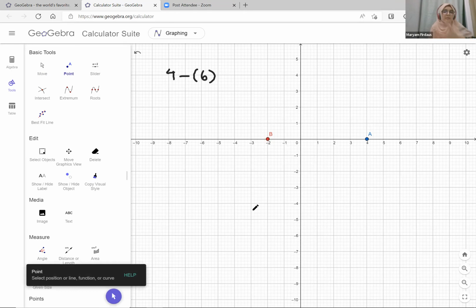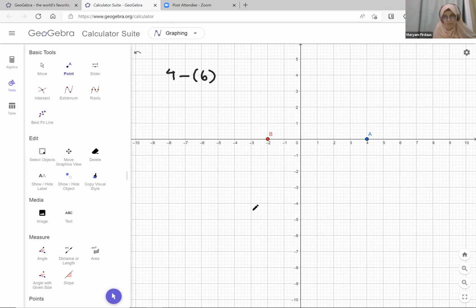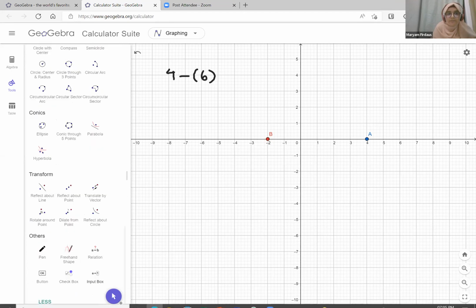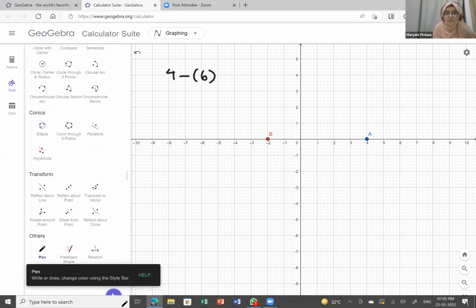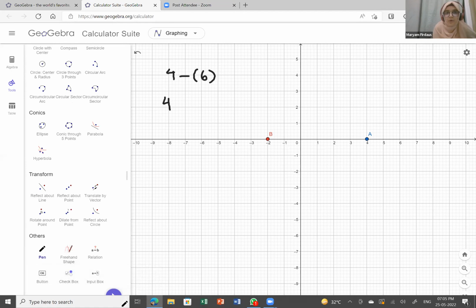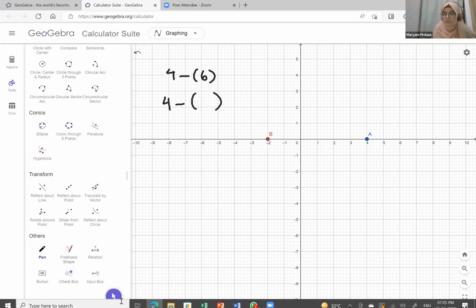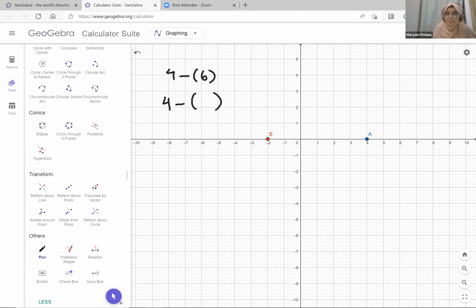So when we are subtracting a positive integer from any number, we move to the left. Now let's say I subtract a negative integer from this 4. Can you name any negative integer? -3.